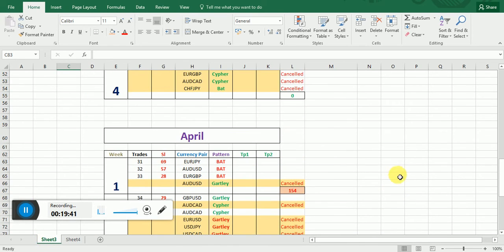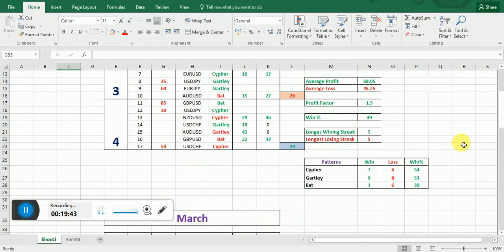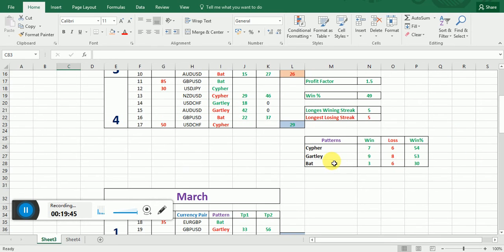So, heading back over, what else can I show you? Just to look at the patterns that we've been trading. I mean, the cipher pattern, because we took a couple losses, our winning percentage on the cipher pattern is down to 54%. And for those of you that trade advanced patterns, you know, in the long run, all these percentages are going to be around about 60%.